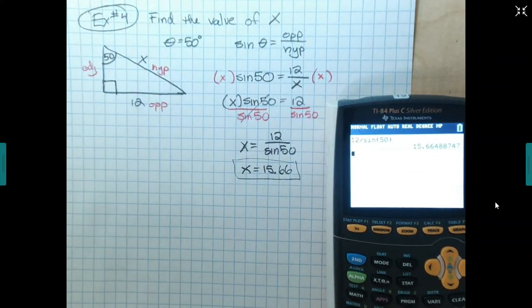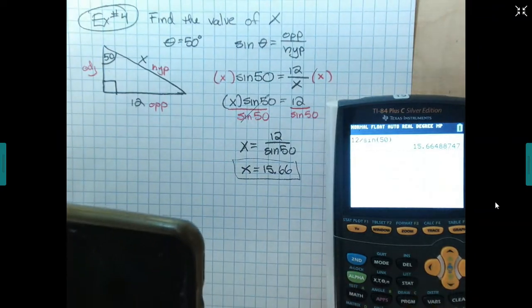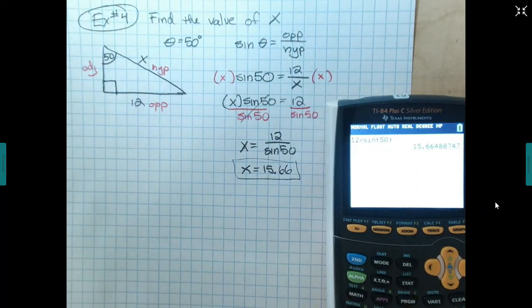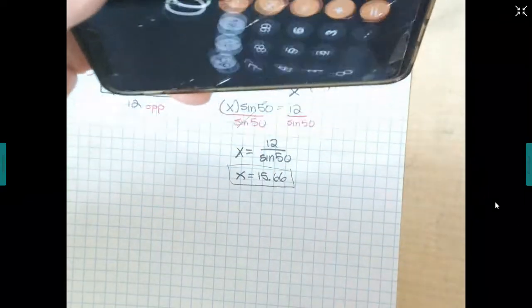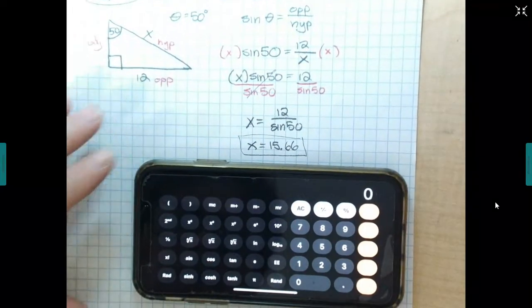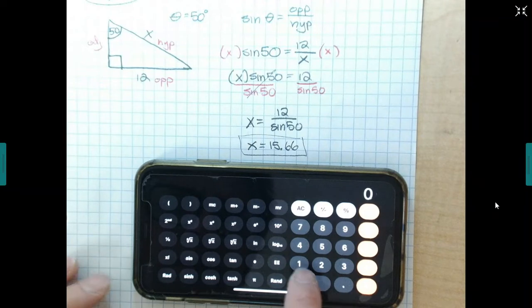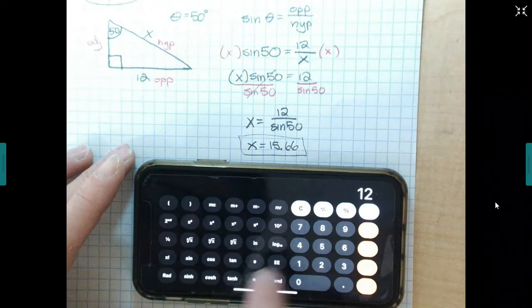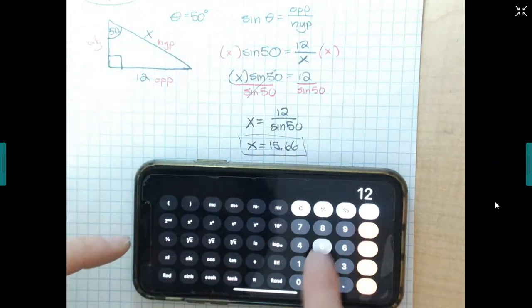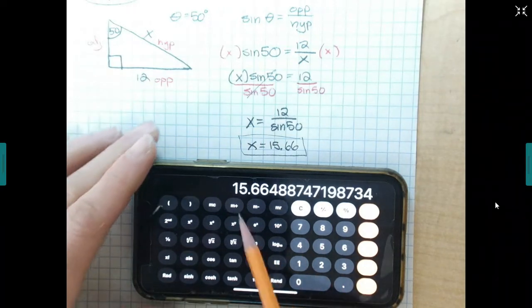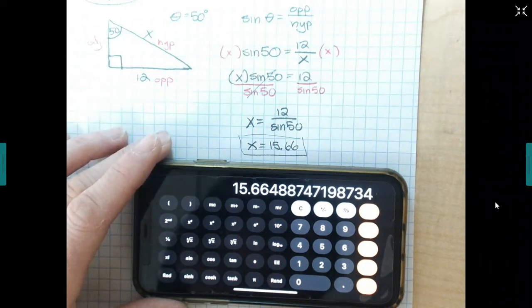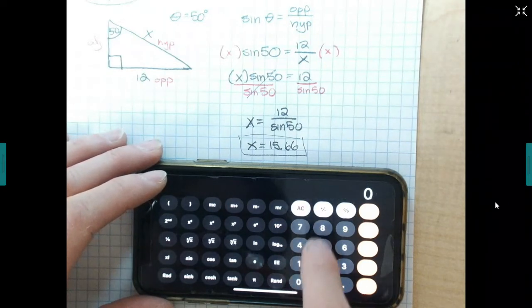Now, how would you do it on your phone? A little bit more difficult, but let's check. On your phone, we would go 12 divided by, and then to do sine here, we would go 50 sine, and get 15.66. The first number just shows you what sine of 50 is.